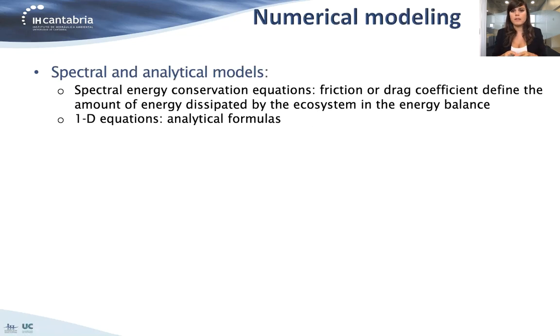More simplified models, such as models dealing with spectral energy conservation equations, usually use friction or drag coefficients to define the amount of energy dissipated by the ecosystem in the energy balance. At global scales, 1D models use simplified analytical formulas to infer this energy decay.